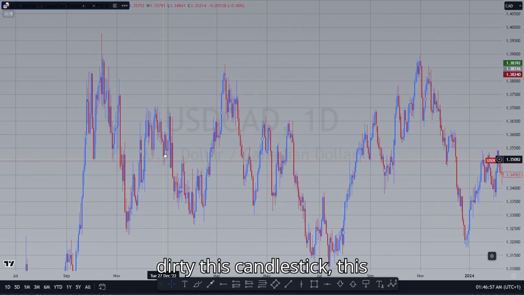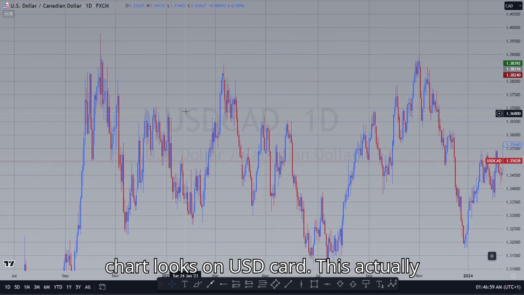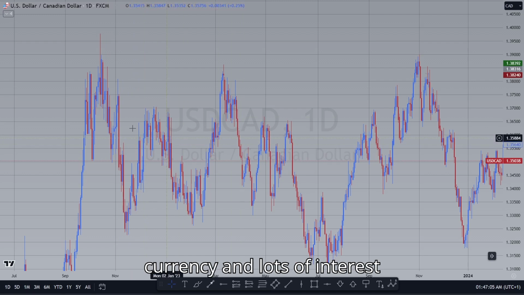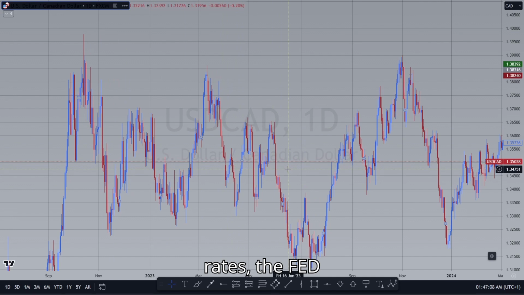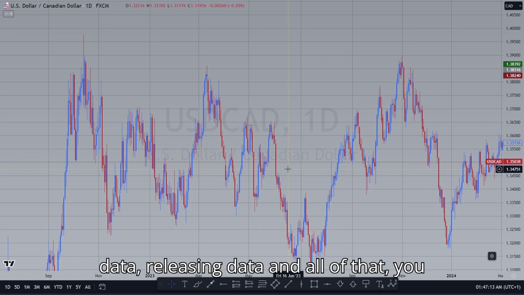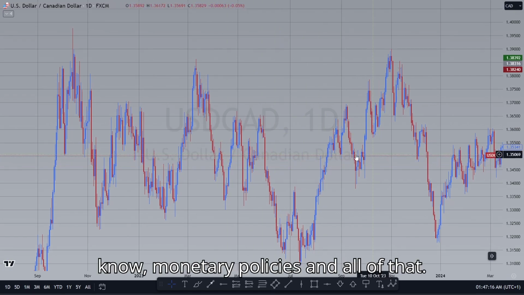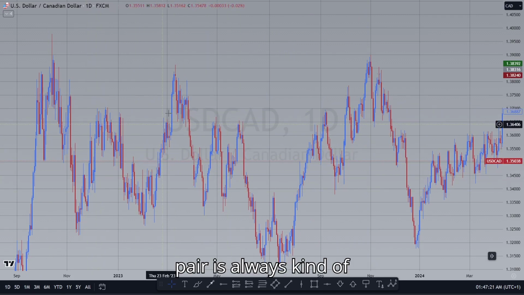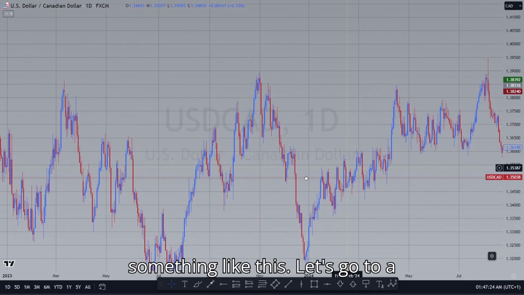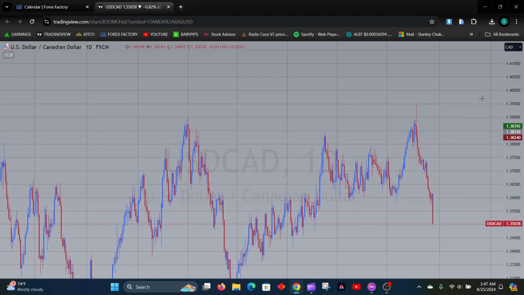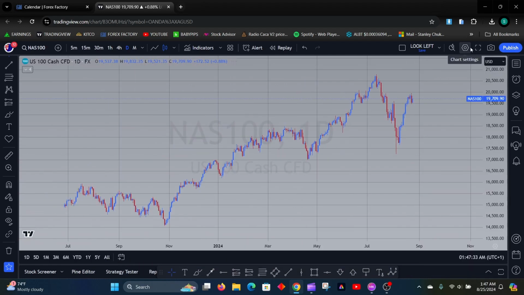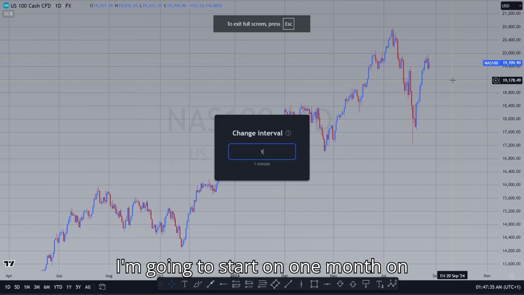This actually happens because this is a currency, and lots of interest rates, the Fed, GDP data releasing and all of that, monetary policies and all of that. So this is why the currency pair is always kind of something like this. Let's go to equity. Let's go to Nasdaq. I'm going to start on one month on Nasdaq.